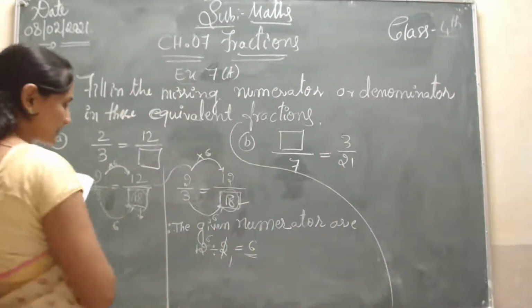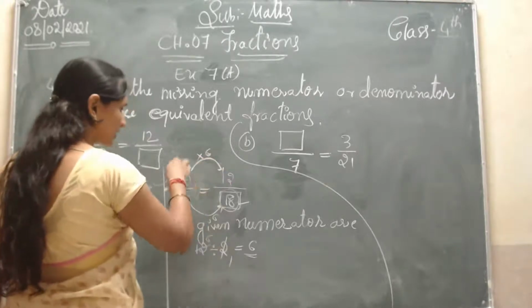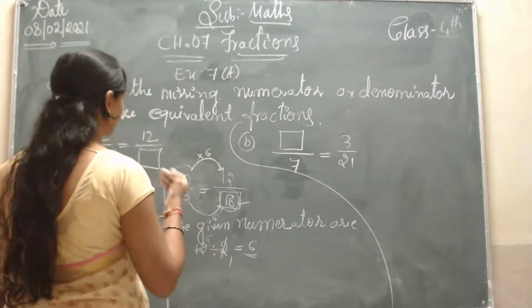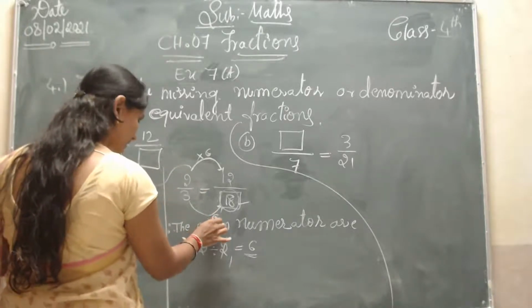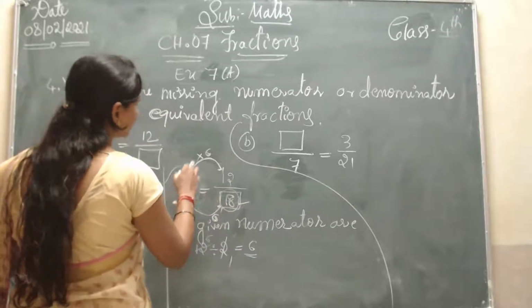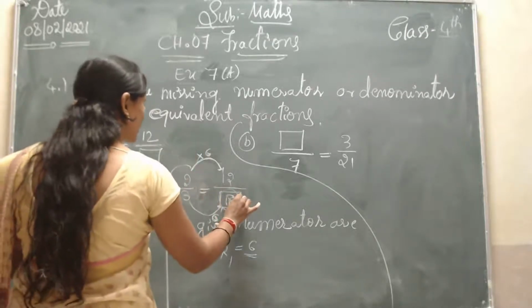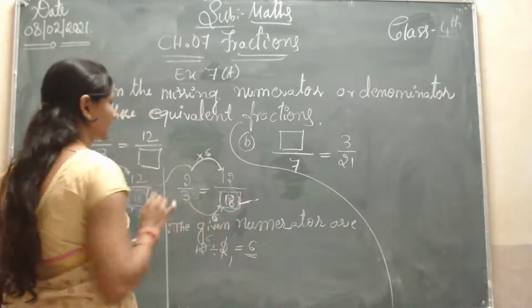We multiply the denominator by 6, and in the numerator we also multiply by the same number, 6. We get 3 6s are 18 and 2 6s are 12. So now we find the denominator: its value is 18.